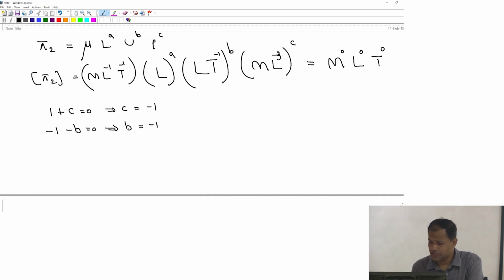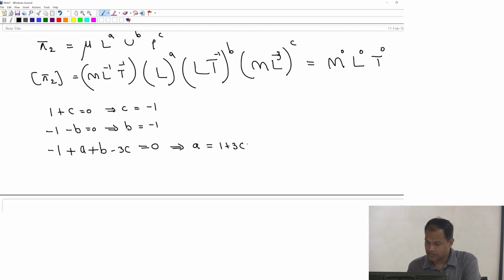And equating the dimensions of length, minus 1 plus A plus B minus 3C is equal to 0. So that can give me A, which is the one that I don't have, A is equal to 1 minus B plus 3C, which is 1 plus 1, 2 minus 3 equals minus 1.